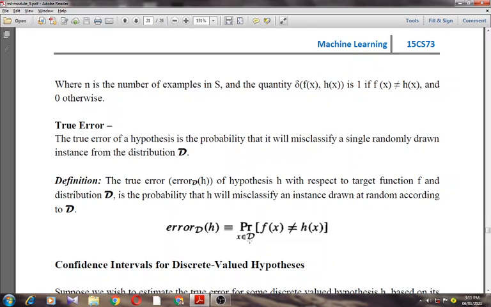All we can measure, however, is the sample error, that is error S of H of the hypothesis for the data sample S that we happen to have in hand. So the main question considered in this section is how good an estimate of error D of H is provided by error S of H, that is, true error by sample error. So this is all about the sample error and the true error.